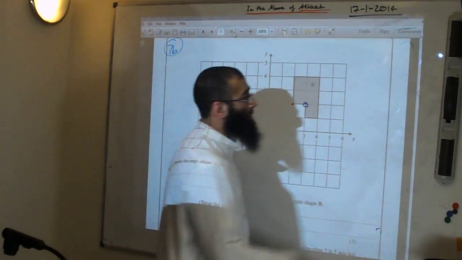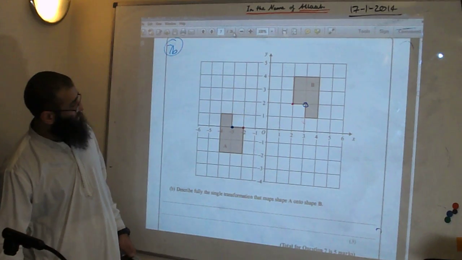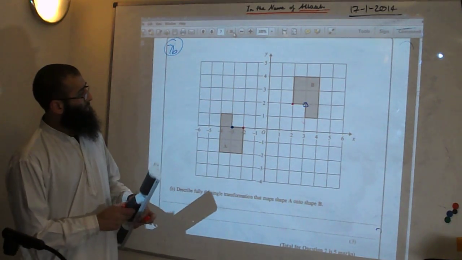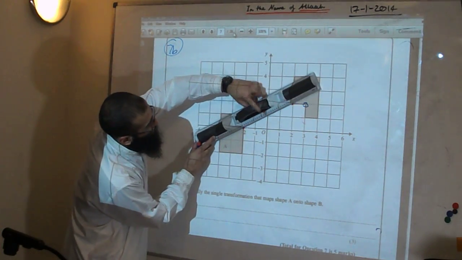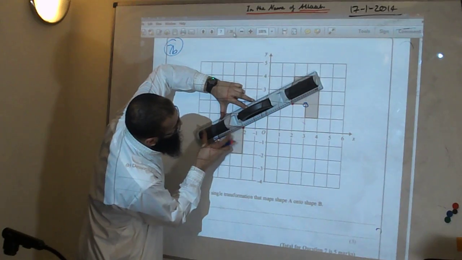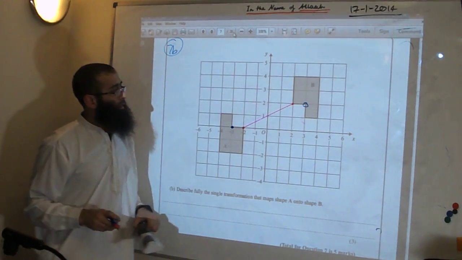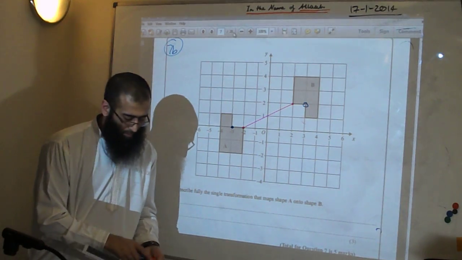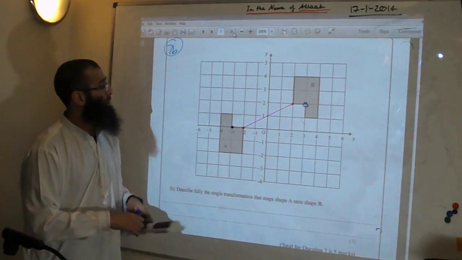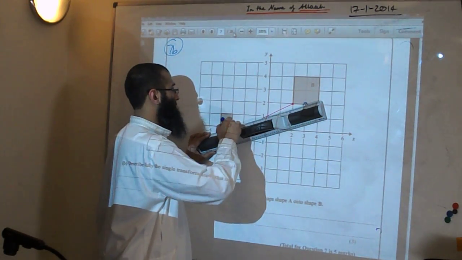Right, let's start drawing some lines across. Let's join the corresponding points. So folks, use that on yours as well, please. Just one colour. Join up the two blue points.